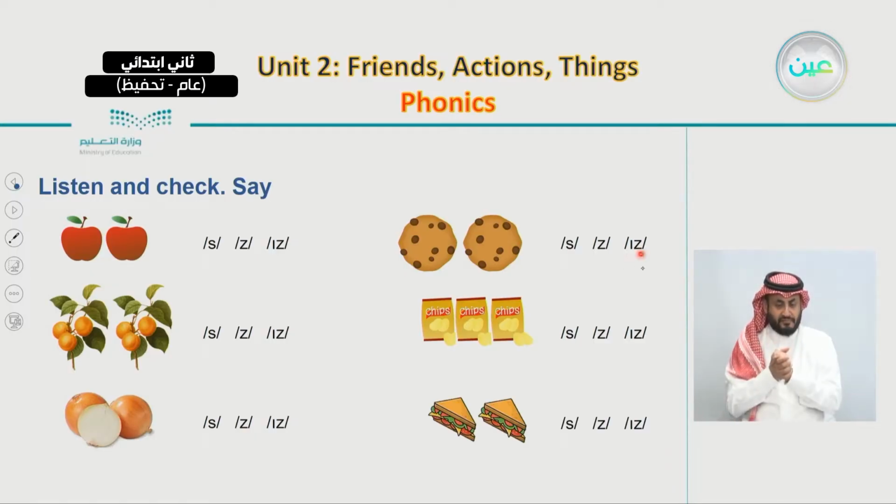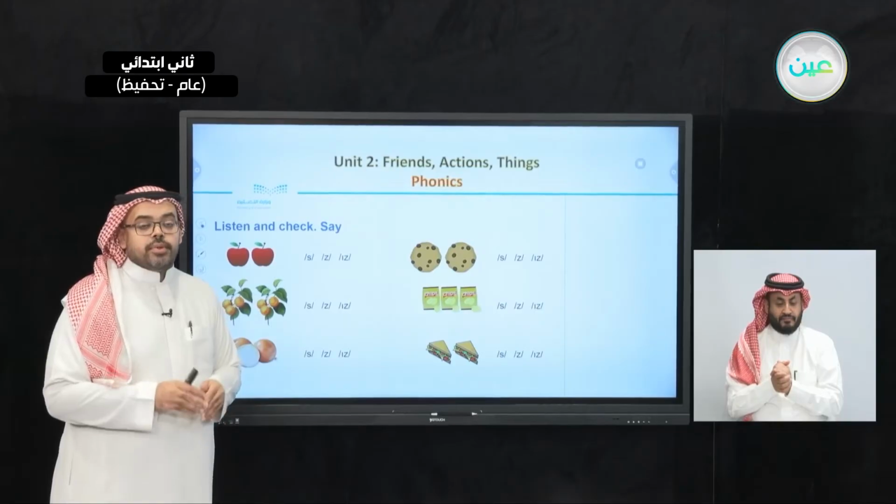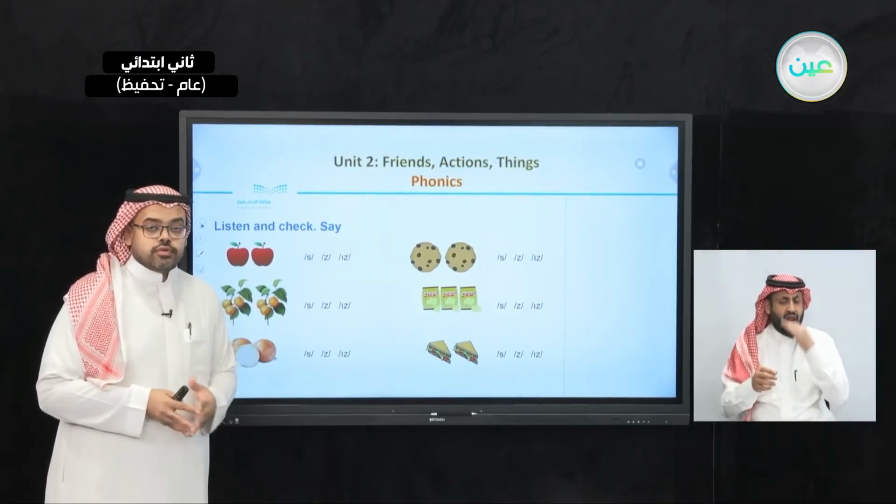Say iz. Chips. Chips. Say s. Sandwiches. Sandwiches. Say iz. You see, these are different types of food, ending with an s, but each one of them is pronounced differently.